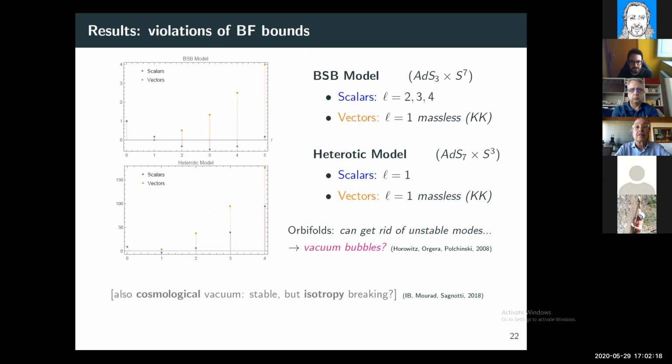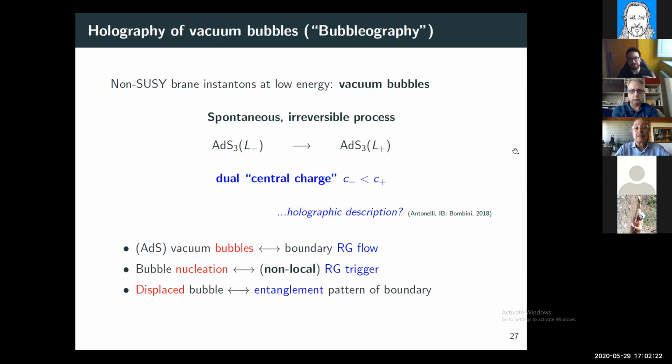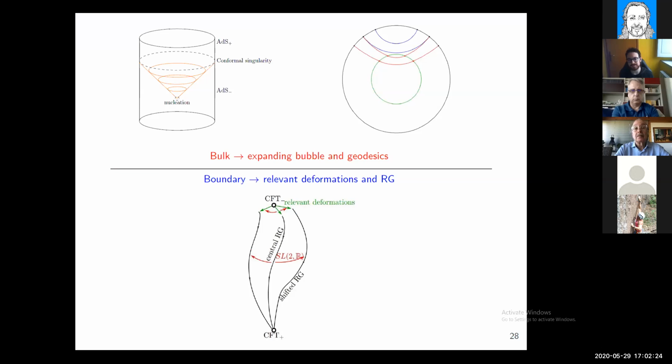Let's see. Yeah, this is it. So basically, we proposed an interpretation of these processes in terms of RG flows. Since these AdS vacua are never truly completely stable, the corresponding dual field theory cannot be an exact CFT. So at large n, it will be close to a CFT in some sense, though it's not clear how exactly.